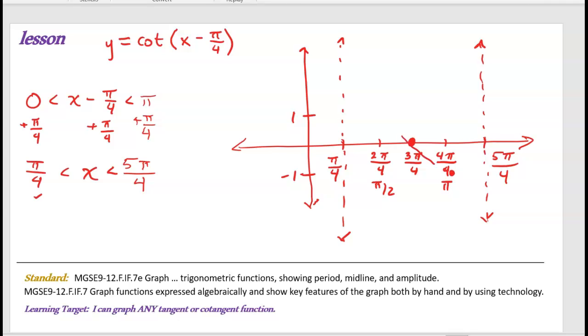So I draw, and then one space up. And that's it. 1, 2, 3 exact points. And my asymptotes, I have my 5 labels on the x-axis, 2 labels on the y-axis that relate to A.